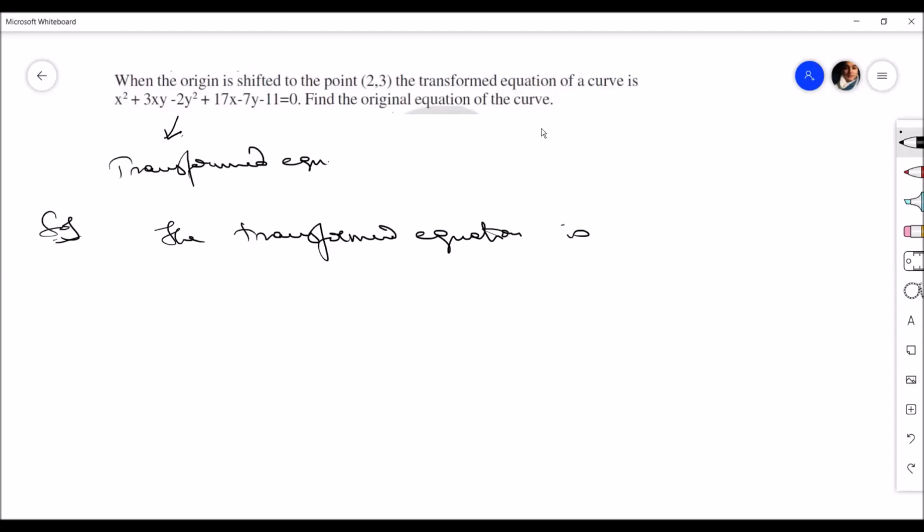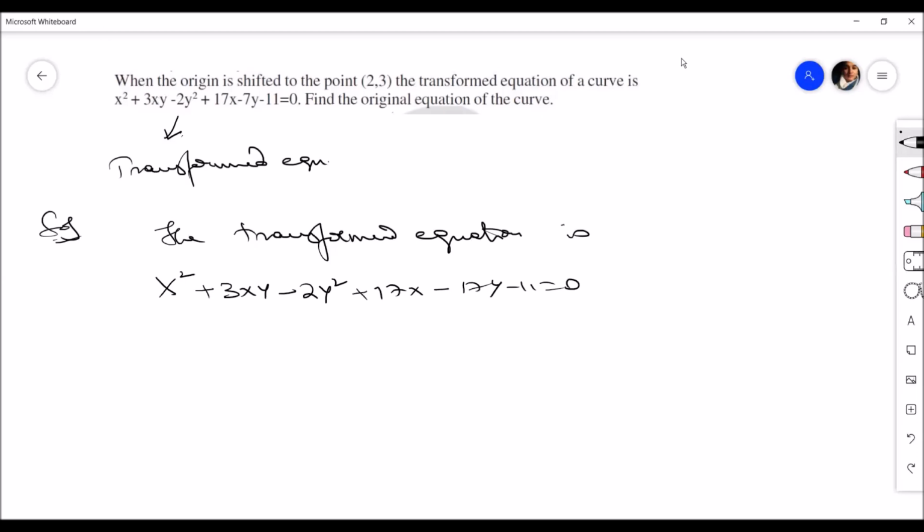Did you get the point? So instead of writing it this way, I will write the same equation using capital X and capital Y: 3XY minus 2Y square plus 17X minus 17Y minus 11 is equal to 0. Because they've already told you that this is a transformed equation.